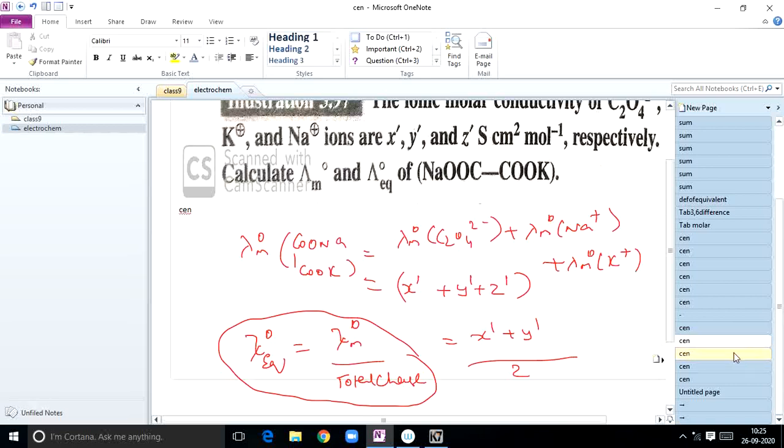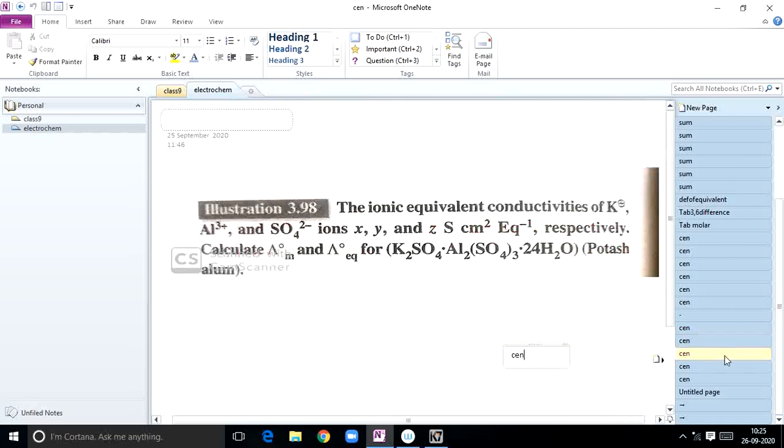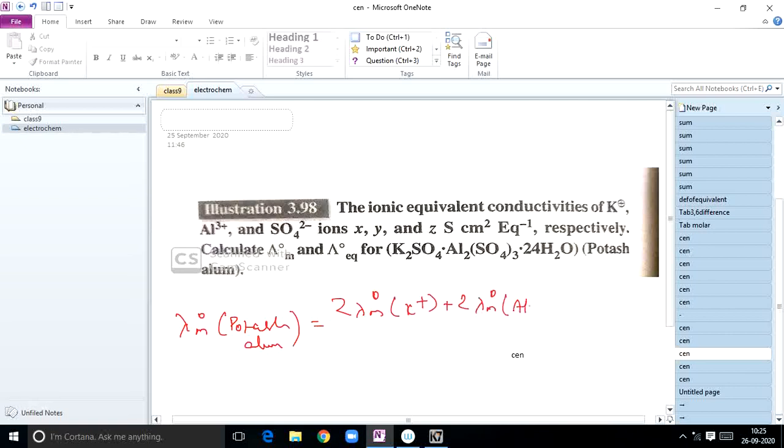Next, the ionic conductivities of potassium ion, aluminum and sulfate ions are X, Y, Z respectively. Same model. So lambda m naught of potash alum, big formula, is equal to 2 into lambda m naught of K plus, 2 into lambda m naught of Al3 plus, plus 4 into lambda m naught of sulfate ion.